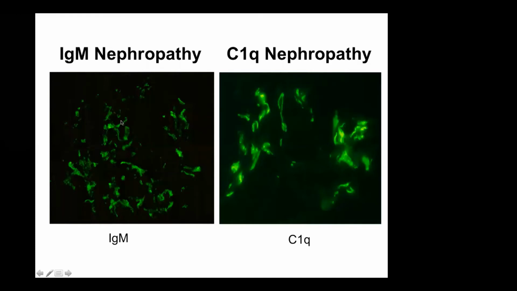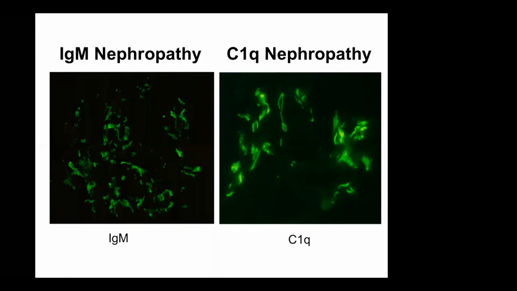Basically, IgM nephropathy is a nephropathy with proteinuria that looks like minimal change, but on IF the IgM is quite intense, with an intensity of 3 out of 4 or 4 out of 4. C1q nephropathy has variable presentations, but the most common one is the same thing.